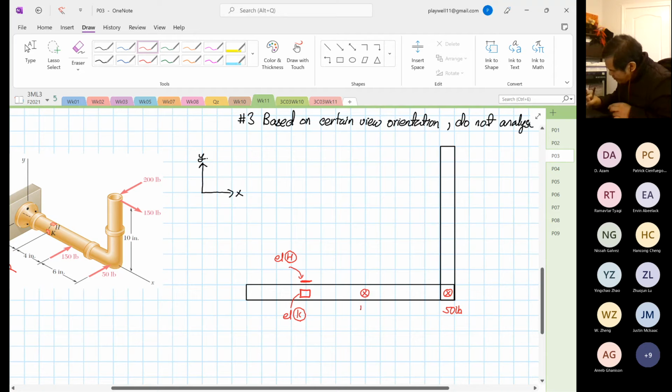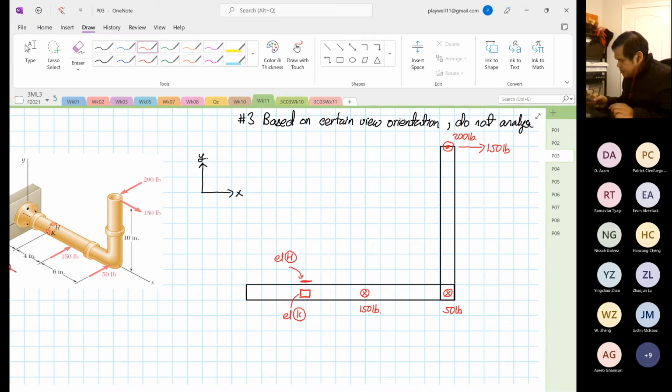This is at 150 pounds. And then we have one force over there at 150 pounds. And then we have a dot coming towards us that is 200 pounds. So that's the forces associated with this structure.